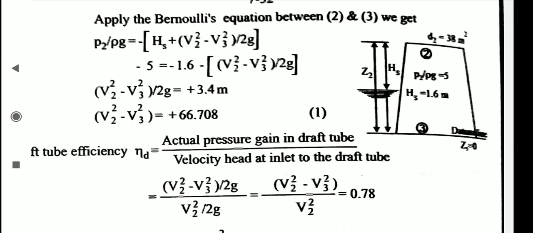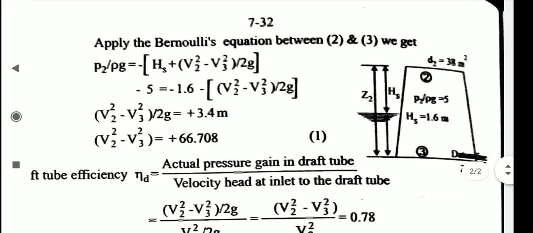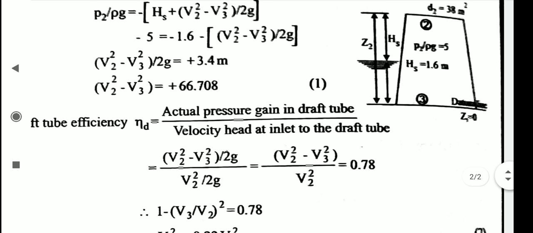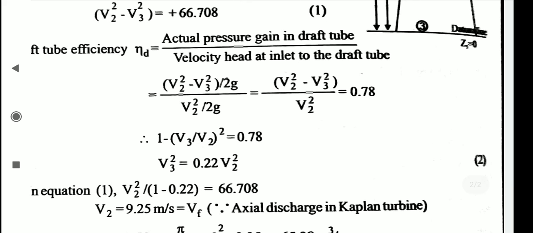So V2 square minus V3 square divided by V2 square equals 0.78, as given. This can also be written as 1 minus V3 by V2 the whole square equals 0.78. So V3 square equals 0.22 times V2 square.